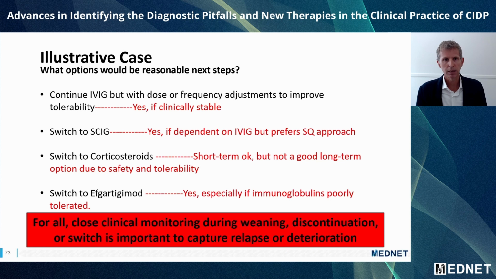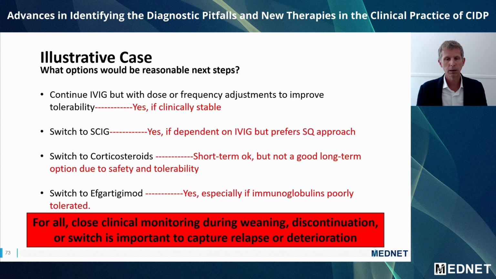But if you're very stable, then it would be reasonable to try to find a balance between tolerability and efficacy. Switching to a subcutaneous IG would also make a lot of sense if a person would prefer a subcutaneous approach. So if they're looking for something that's more independent, more autonomous, and they don't mind administering it themselves, that would be a reasonable option here.